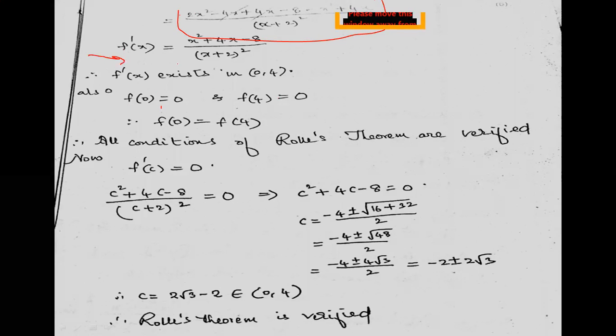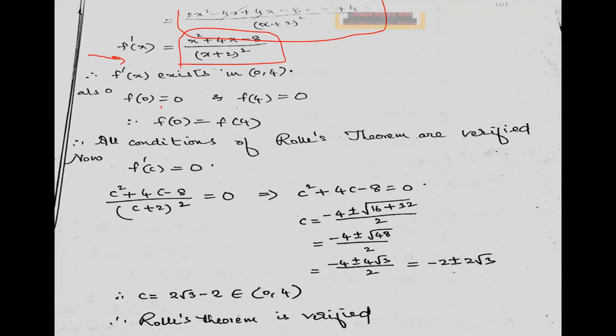F dash of x is equal to x square plus 4x minus 8 by x plus 2 whole square. This will be your final answer. And f of x is differentiable in the open interval 0 to 4. Then what is the next condition? f of a should be equal to f of b.